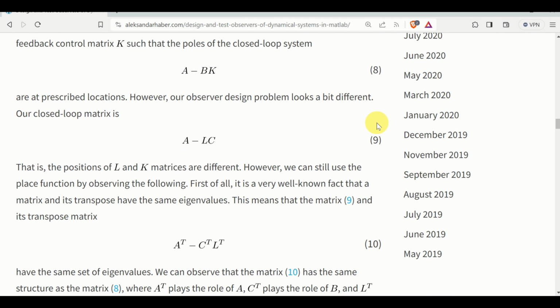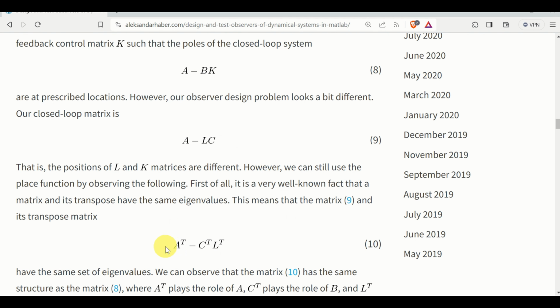However, we can still use MATLAB's place function by observing the following. First of all, it's a very well-known fact in linear algebra and control theory that a matrix and its transpose have the same set of eigenvalues. This means that our original closed-loop matrix A minus LC and its transpose given by this equation have the same set of eigenvalues.